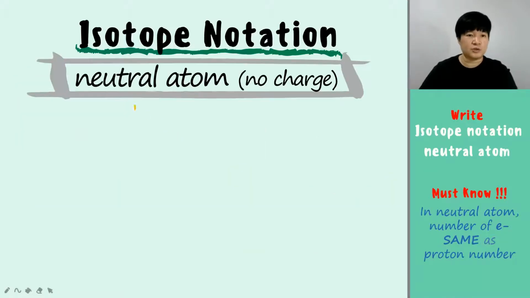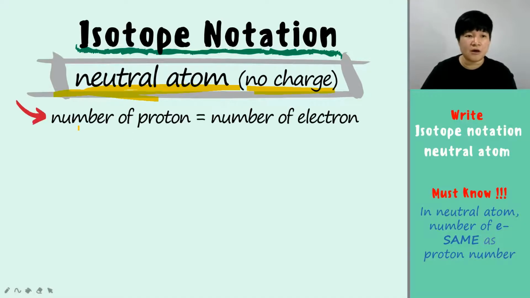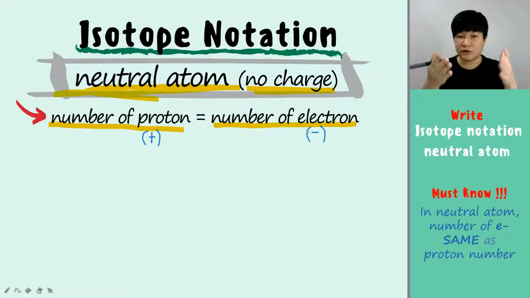Let's look deeper into the isotope notation for a neutral atom. Neutral atom means there is no charge. In what condition will there be no charge? No charge is simply because the number of protons is equal to the number of electrons. This is because protons carry positive charge, while electrons carry negative charge. So it's very simple and obvious.